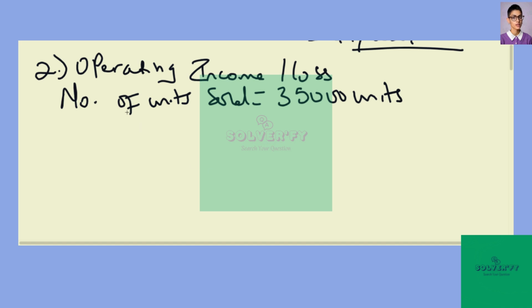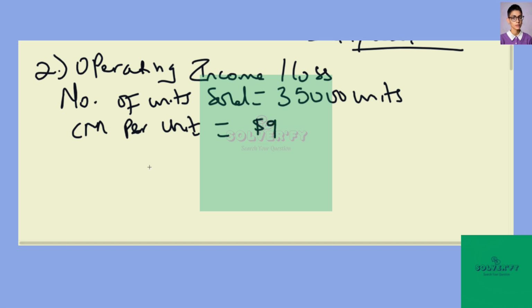Right. So moving on, the contribution margin per unit that we found before is $9. And mind you, CM is contribution margin, so we don't forget. So contribution margin per unit is $9.